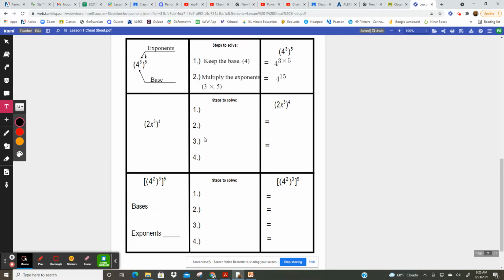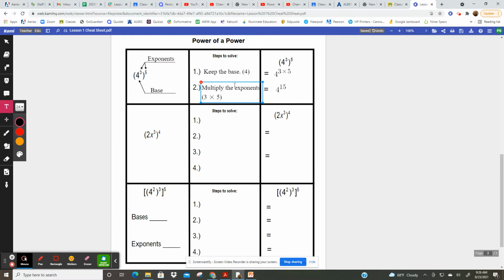So here are the steps to solve. I'm going to keep the base. And this one here is the 2, because the 2 has to be raised to the 4th power as well. And then I'll just say multiply the exponents, I'll shorthand it.